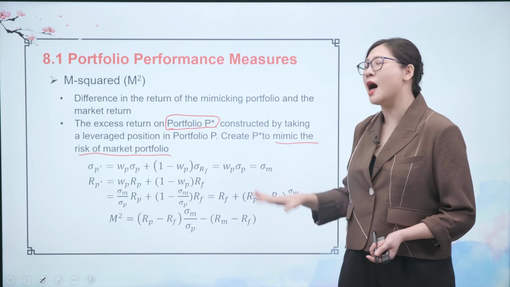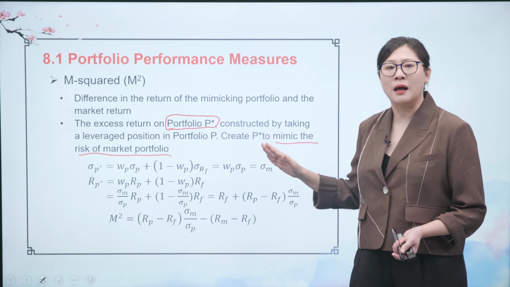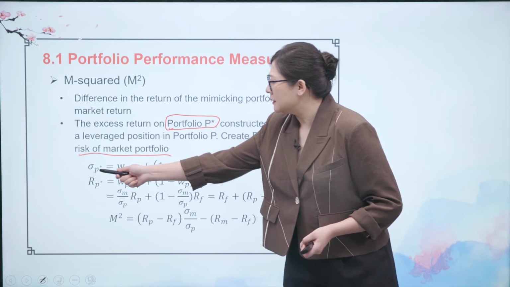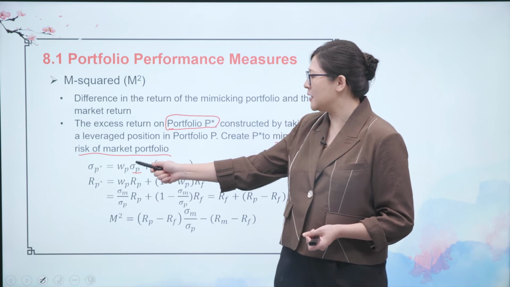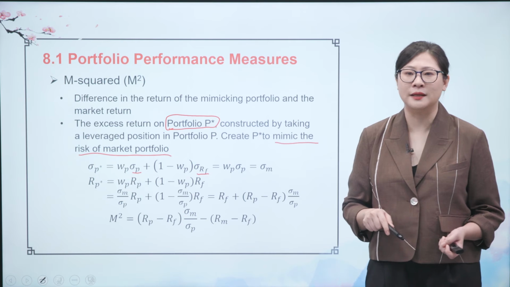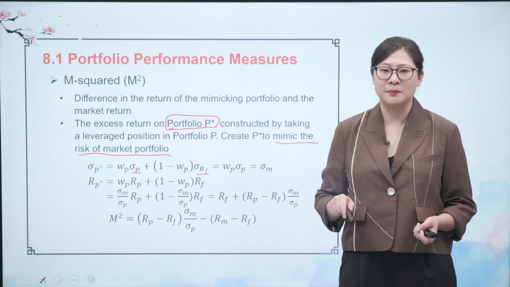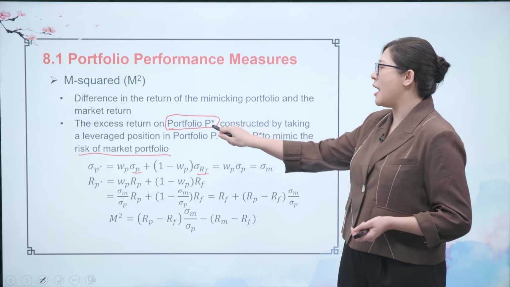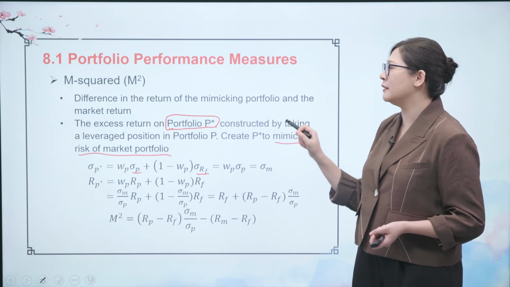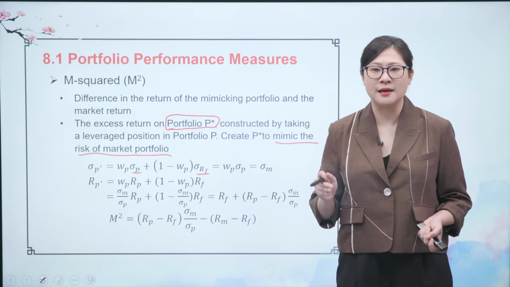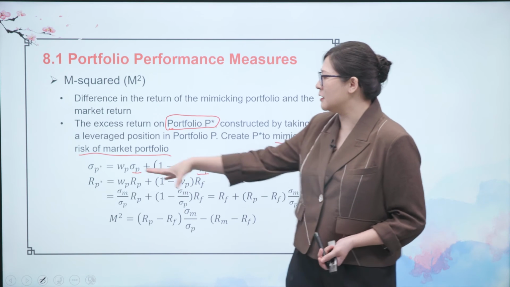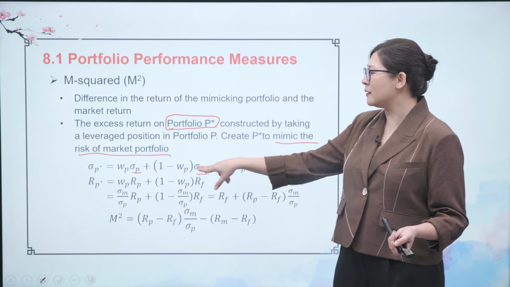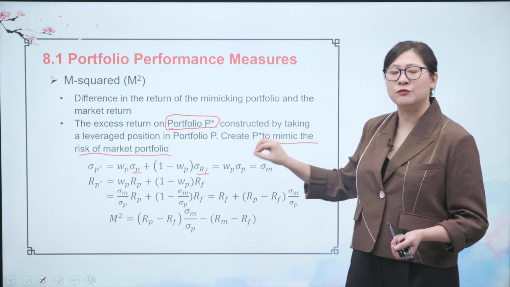So let's have a look at how we can derive our M-squared equation. Sigma P star should equal WP multiplied by sigma P plus 1 minus WP multiplied by sigma RF. As we mentioned, the portfolio P star is constructed by taking a leverage position in portfolio P and risk-free assets. So we invest WP percent in portfolio P and 1 minus WP percent in risk-free assets.